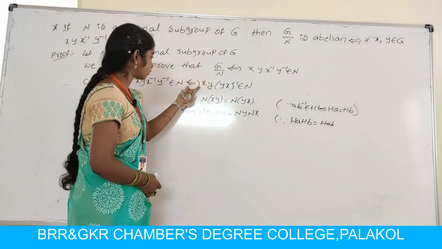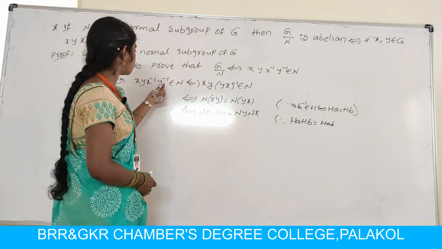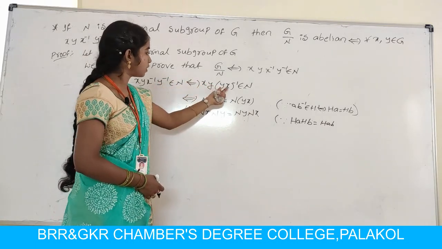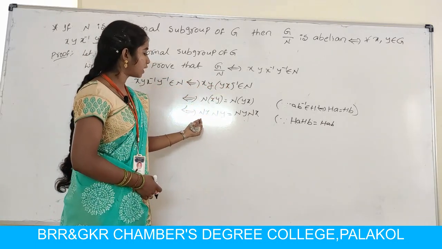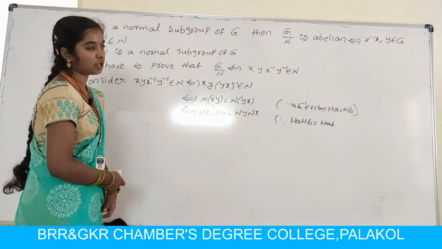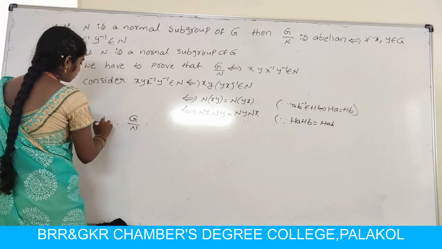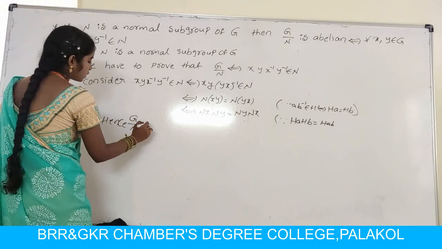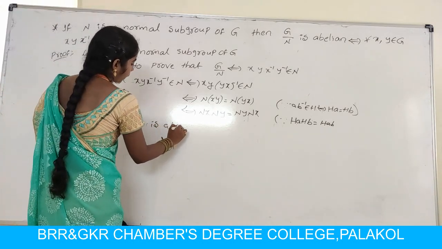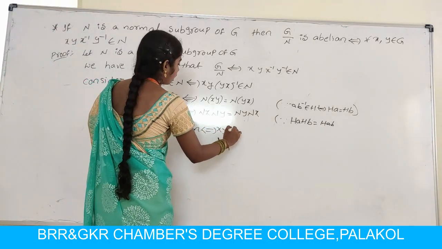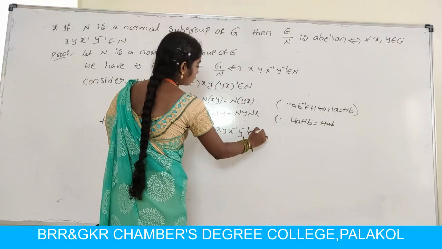So X Y X inverse Y inverse belongs to N if and only if, it can be written as YX whole inverse, Nx into Ny equal to Ny into Nx. So therefore Z by N is abelian if and only if X Y X inverse Y inverse belongs to N.